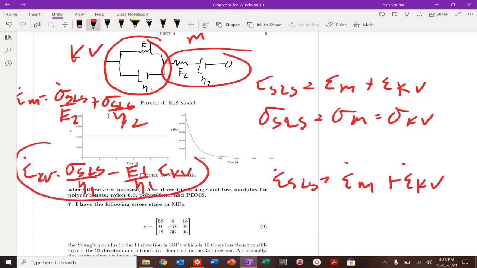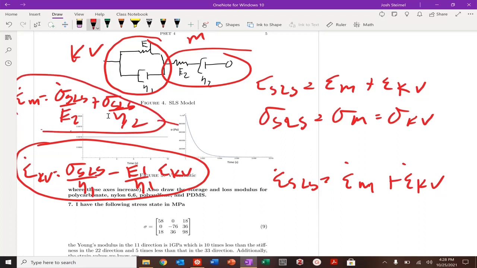So when I plug this expression in, this is completely finished. So I could plug this in right here, right now. I could also plug this in, but I'm still stuck with the strain in the Kelvin-Voigt. So again, I'm going to have to rewrite it as strain in the SLS minus strain in the Maxwell equals strain in my Kelvin-Voigt. But if I try to plug that in, I still don't have an expression for Maxwell in terms of just strain.